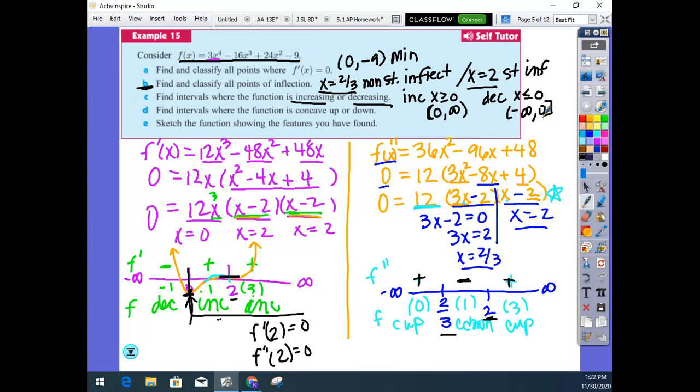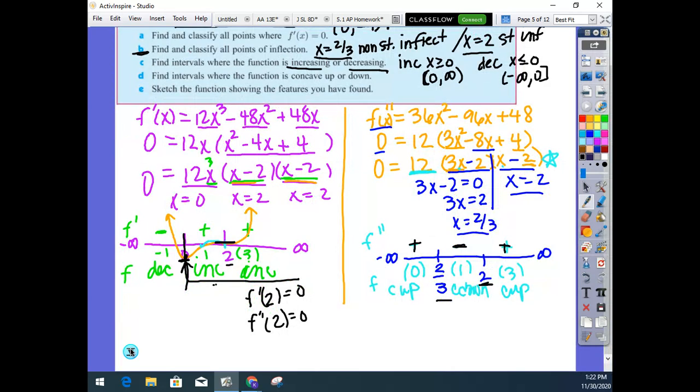Then we want concavity. Concave up, concave down. So I'm going to just come down here because I'm going to run out of room. So it's concave up, here, and here. So I'm going to say negative infinity to 2/3, union with, if I have two separate intervals, I'm going to union them, 2 to infinity.